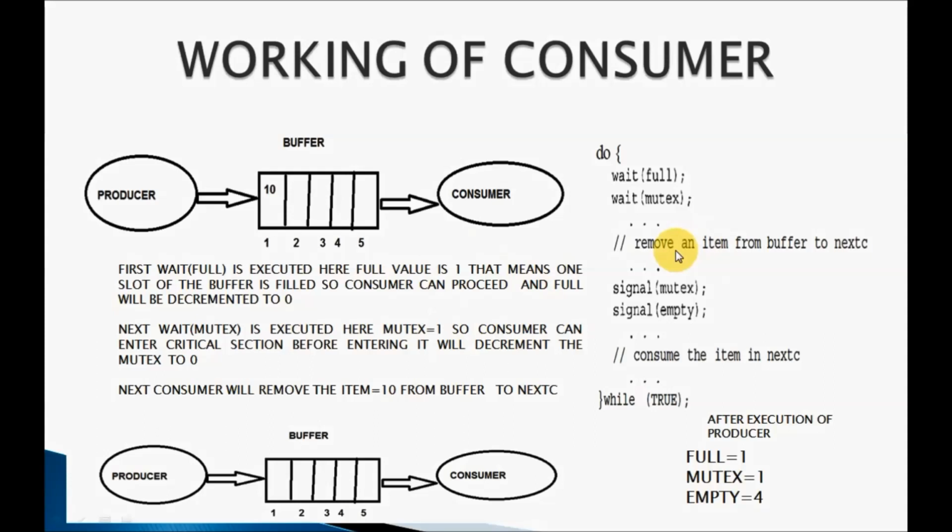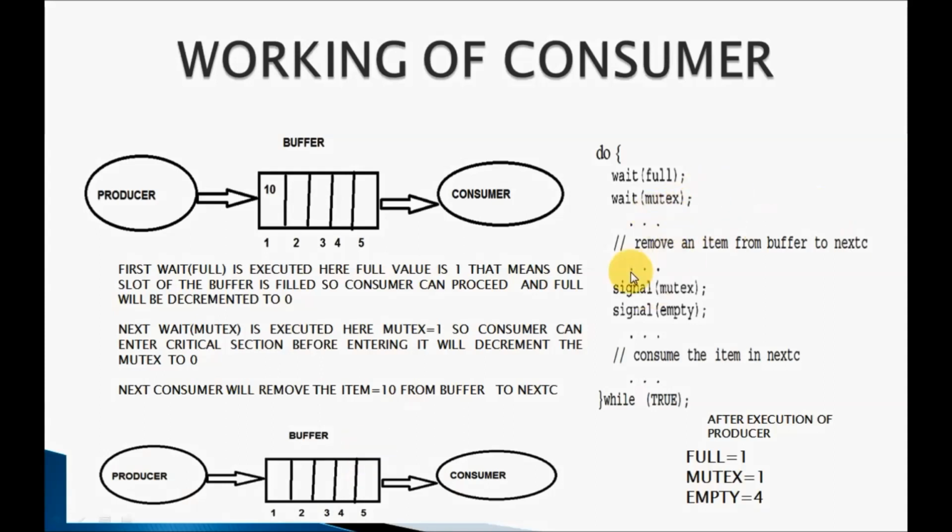Now consumer is in critical section. In critical section, it is going to remove the item 10 from the buffer and store the item consumed to variable next C. So after removing the item, your buffer structure will be like this. Again the buffer will be empty because it removed it, right?